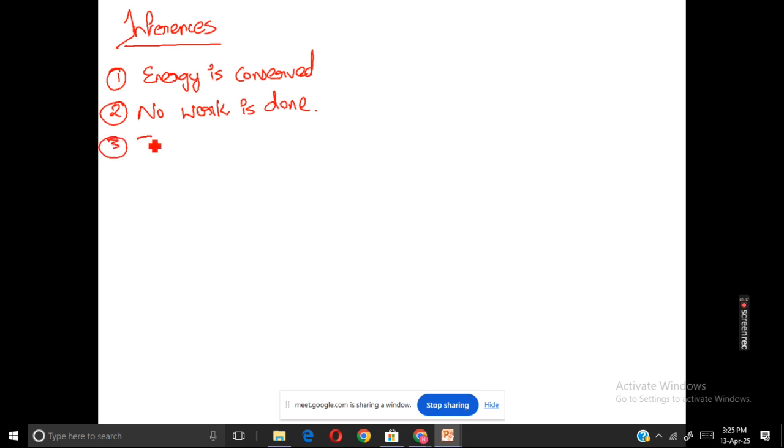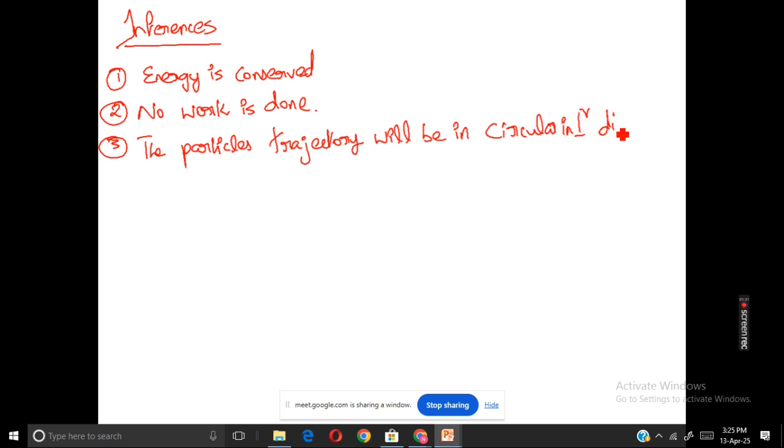And the particle's trajectory will be circular in the perpendicular direction. In this case, since the magnetic field is acting along the z direction, the circular motion was in the xy plane, in the perpendicular direction, and linear in the parallel direction.